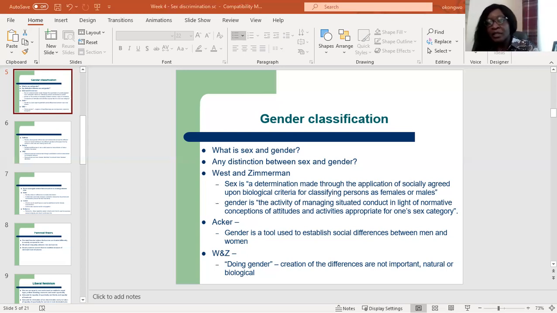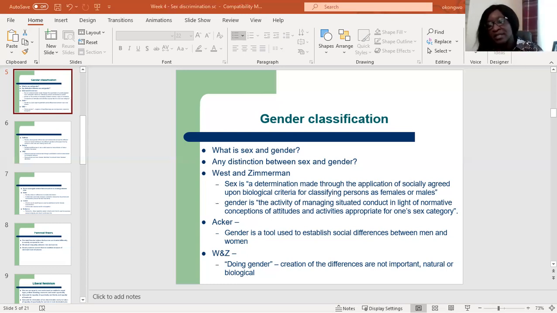All right, then Eka goes on to say that gender is a tool used by society to establish social differences between men and women in relation to their biological differences. All right, so society has now identified the distinction between men and women, and then they go on to create differences between them in society.